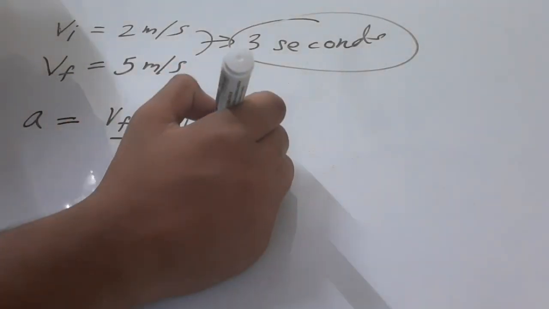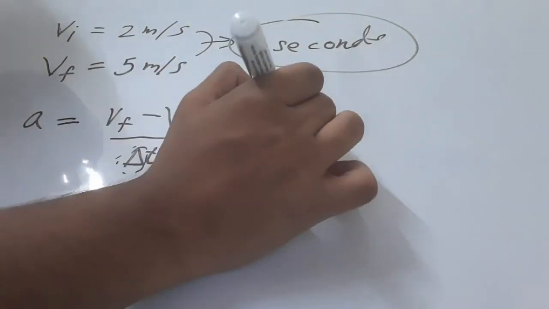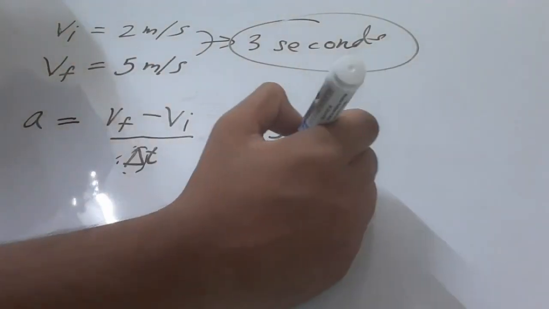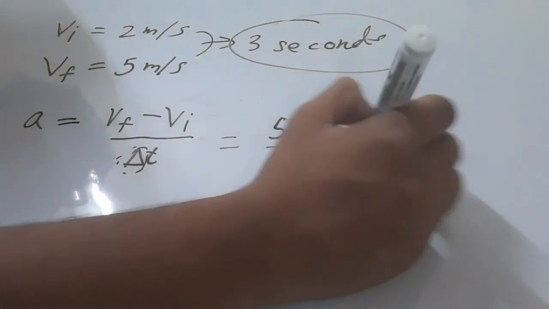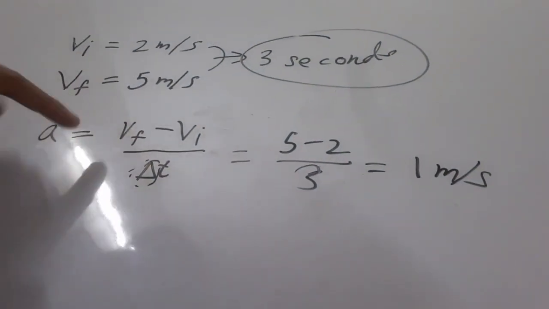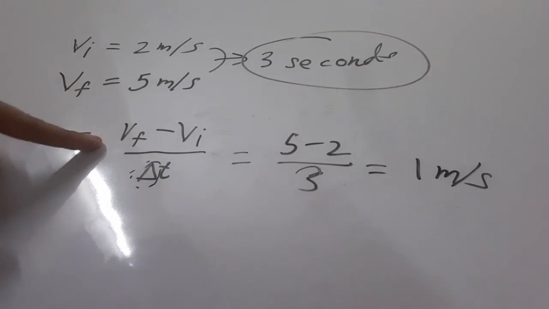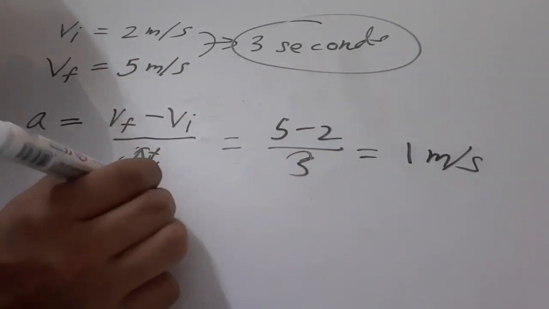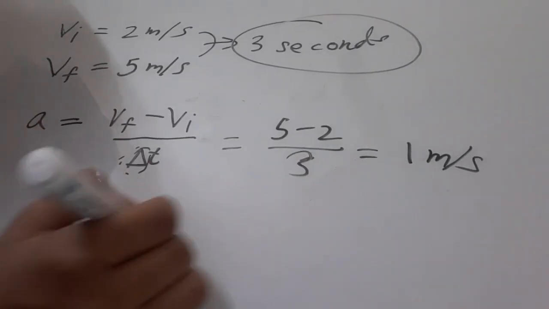So Vf minus Vi is 5 minus 2 and delta t is 3. This will amount to 1 meter per second, and as you see there's velocity and then there's time.